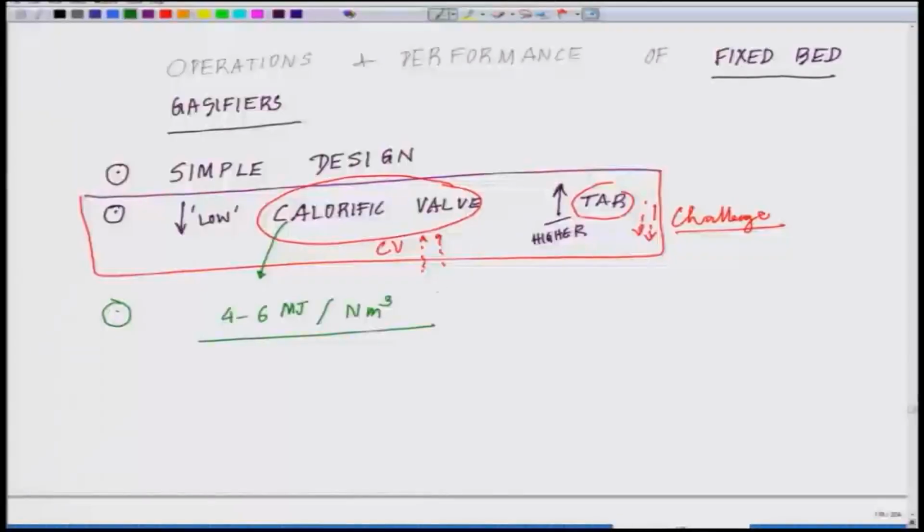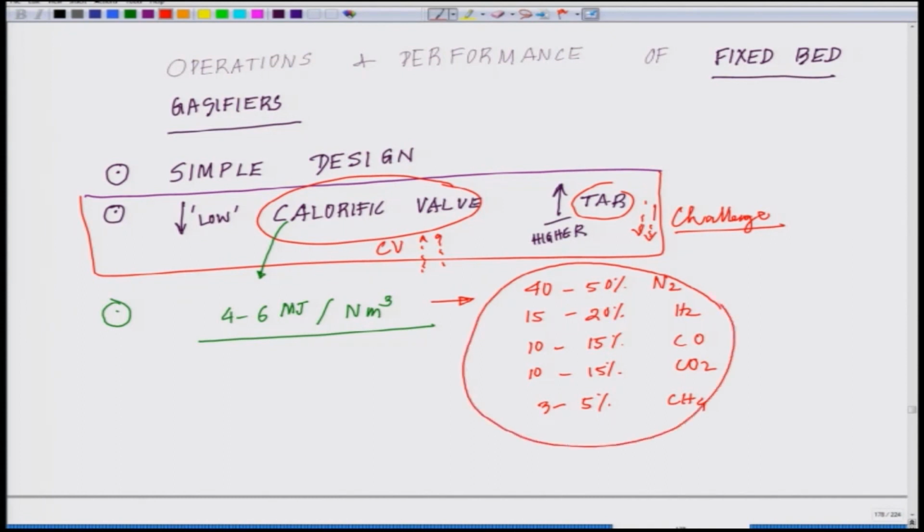Now let us appreciate the concentration of the product gas you are getting. Generally it is 40 to 50% nitrogen, 15 to 20% hydrogen, 10 to 15% carbon monoxide, 10 to 15% carbon dioxide, CO2, and 3 to 5% methane, CH4.